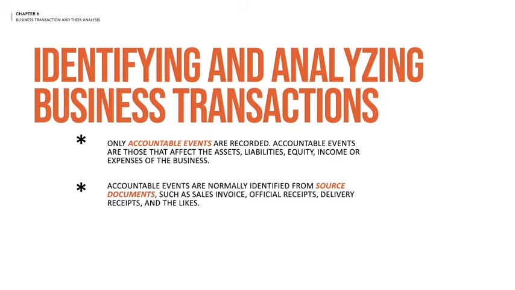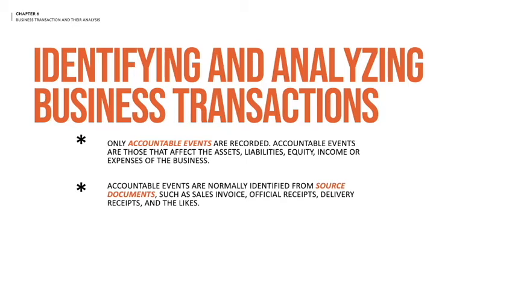If that affects these elements, that's when we consider it an accountable event. Why do we need to know what accountable events are? These accountable events are what we need to record in our accounting books. On the other hand, if we identify that a certain business transaction is non-accountable, we will not record it because it is not accountable.